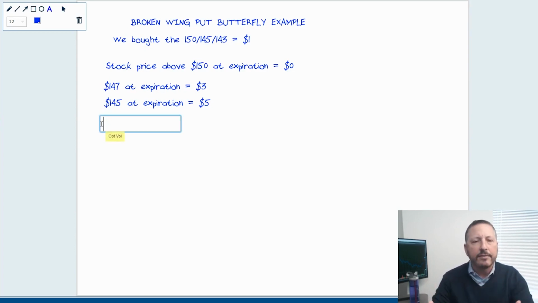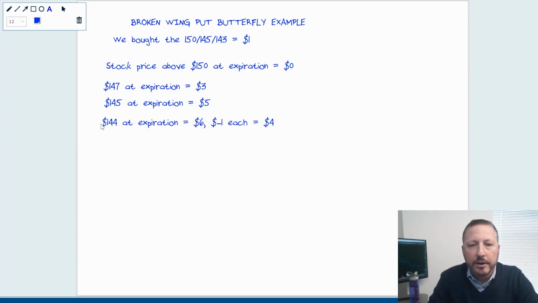Now what happens if we start to move down below that short strike? Yep, we're going to start giving back some of that value. So 144 at expiration, the long spread is still worth 5. The short spread is worth what? Let's break it down like we did in the butterfly example. The long 150 put is going to be worth 6. The short 145 put is going to be worth 1, but we had 2 of those, right?